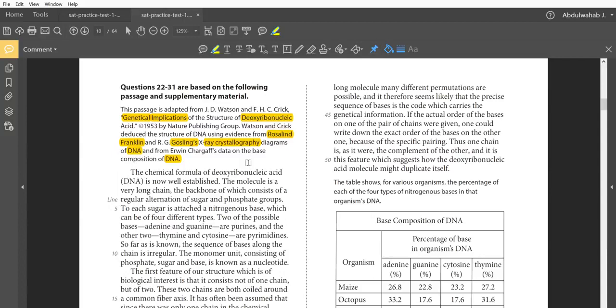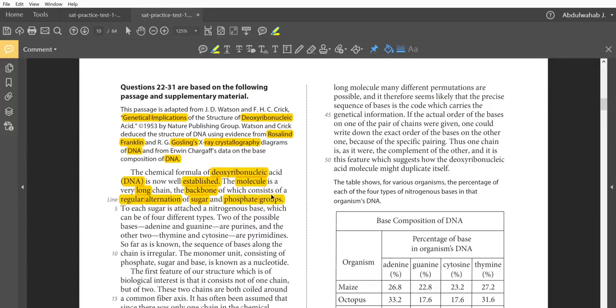So let's begin immediately. The chemical formula of deoxyribonucleic acid, which is also known as DNA, is now well established. So today we know what the chemical formula of DNA is. The molecule is a very long chain, the backbone of which consists of a regular alternation of sugar and phosphate groups.